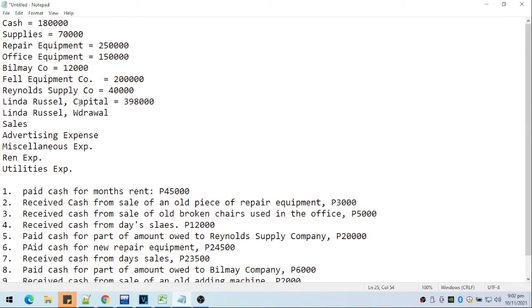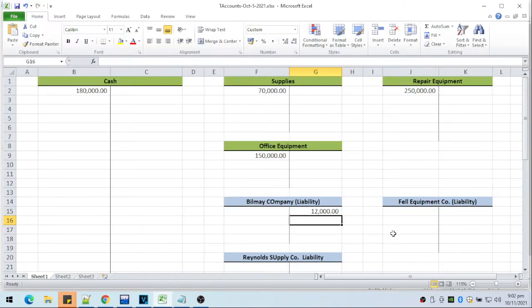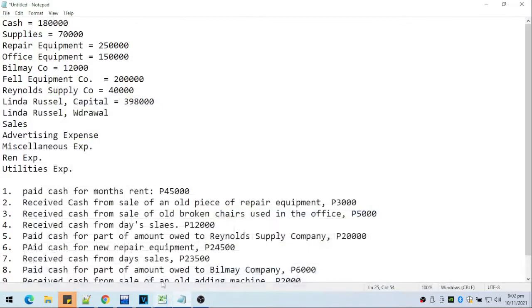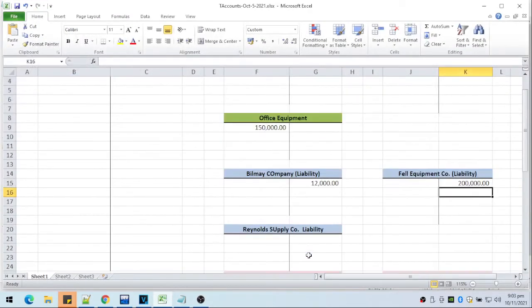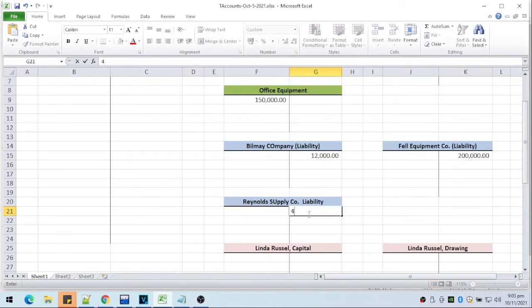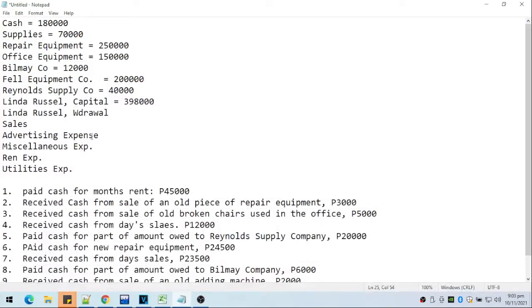Then we have Fail Equipment Company 200,000, also on the right side. Then we have Reynolds Supply Company 40,000, and then capital 398,000.